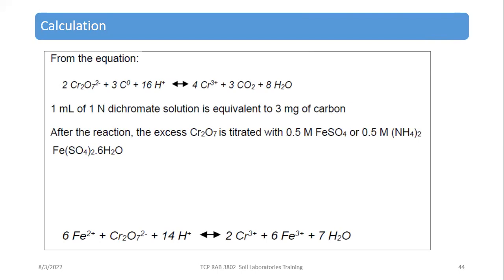For the calculation from the equation, each 1 ml of 1N dichromate solution is equivalent to 3 milligram of carbon. After the reaction, the excess is titrated. Therefore, 1 ml of 1N dichromate is equivalent to 3 milligram of organic carbon.